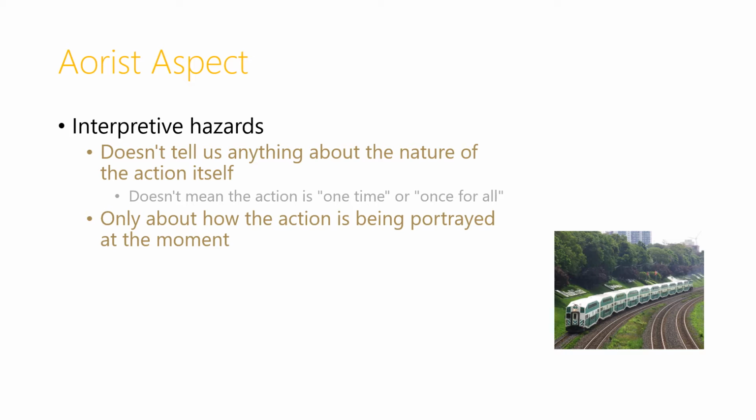It's just our perspective, what we're choosing to focus on, the way we're choosing to view the action. The difference between present aspect or continuous aspect and aorist aspect or unmarked aspect has nothing to do with the difference in the actions themselves. It only has to do with the difference in the way we're looking at them.